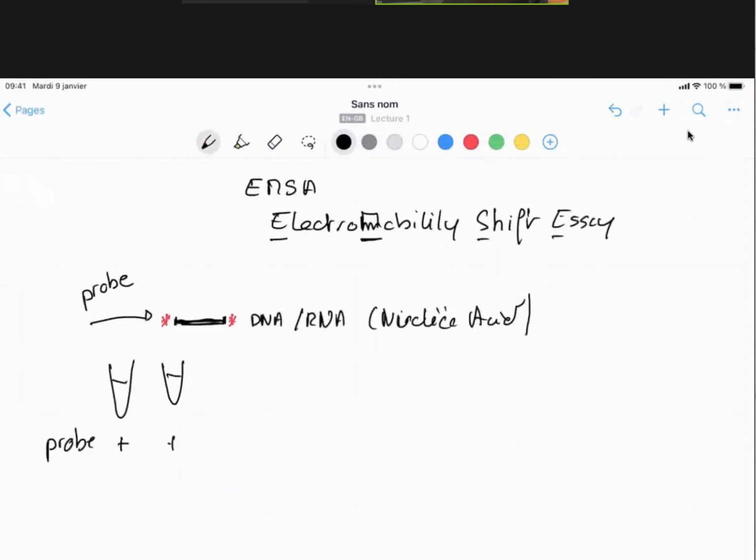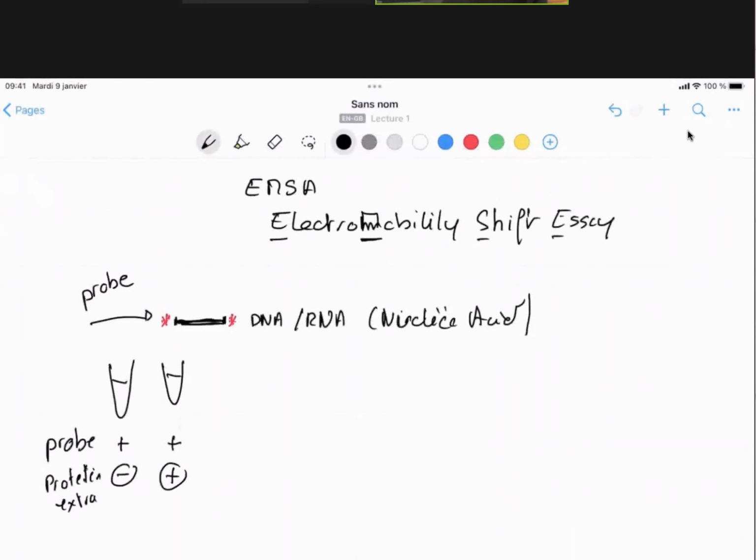Second experiment, you put also the probe. Then you add protein extract. In the first case, we don't add. In this case, we add protein extract. You tell me if you don't understand. So two situations. One, where we put a piece of nucleic acid that has been radioactively labeled. And the second one, we put the same piece of DNA labeled and protein.